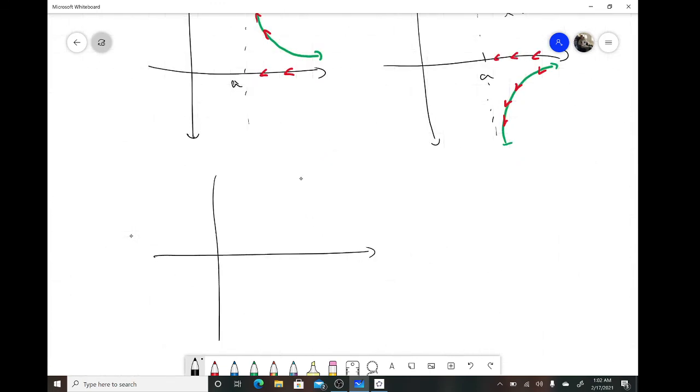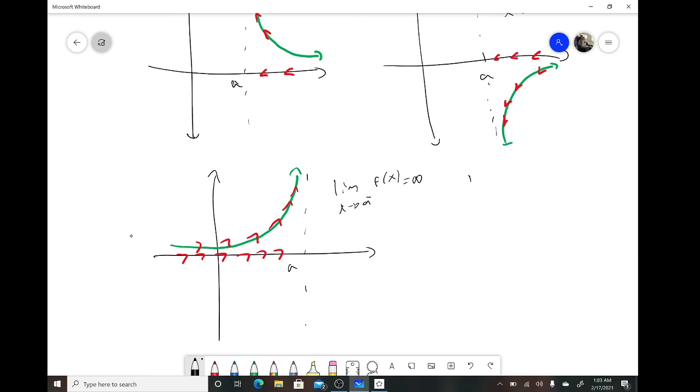And similarly, once again, you could have the following case where the x values are approaching a from the left side, and the function values are increasing to infinity as this happens. So here the limit as x goes to a from the left side is going to be plus infinity.